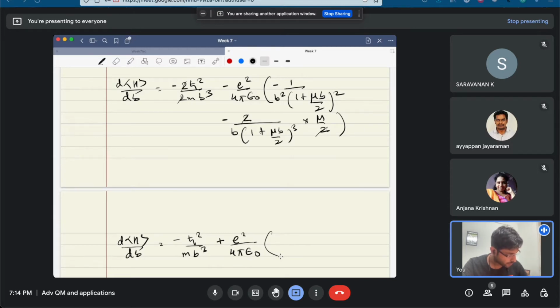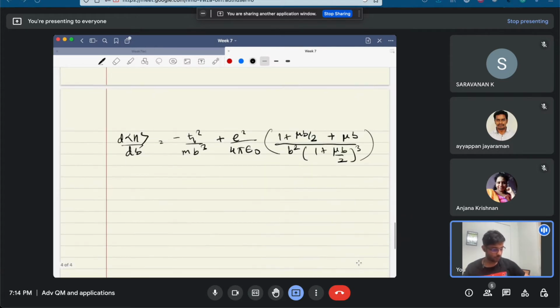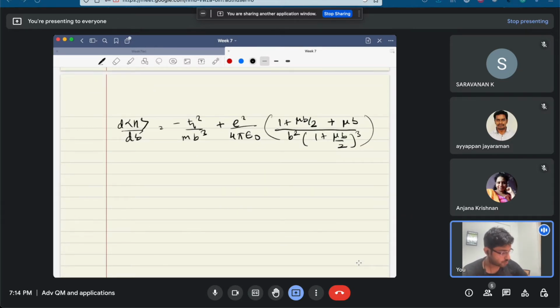So there is a b square, and there is 1 plus mu b by 2 extra, plus there is a mu factor here, plus mu b, and we have b square 1 plus mu b by 2 whole cube. Alright, now you just have to put this to 0.